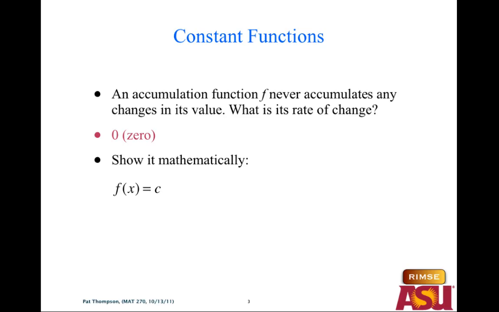If we have a function f, how can we write its rate of change? Well, since the rate of change is 0, no, we need to show that. We're not assuming that to start with. So we don't know what the rate of change is. We want to write out a mathematical statement that gives us the rate of change of f.